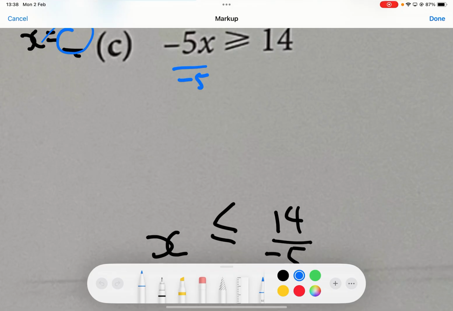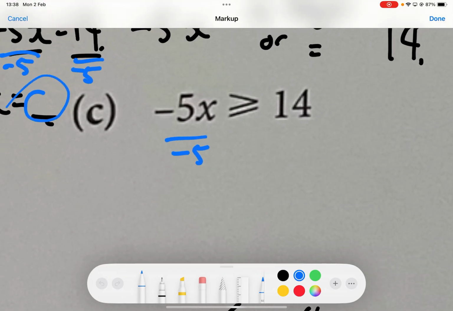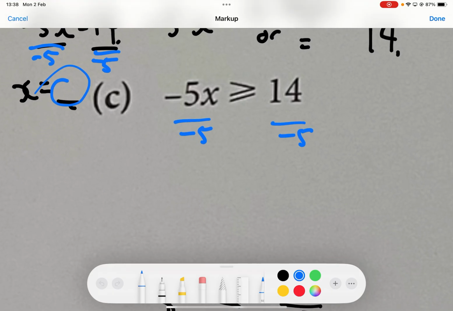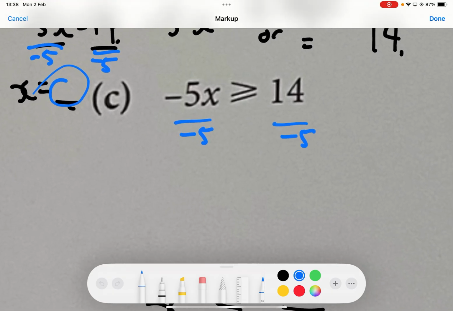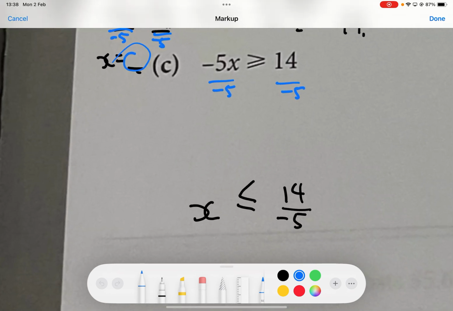Inequality and equation are the same in the sense that whatever I do on one side, I must do the same thing on the other. So I also divide by minus 5 for the numbers. The only difference is when I multiply or divide by a negative number, my sign will change side.